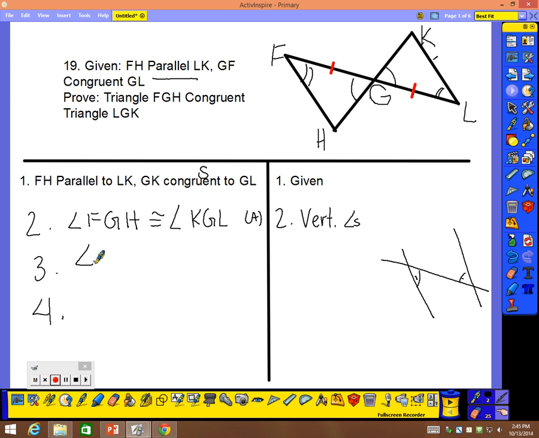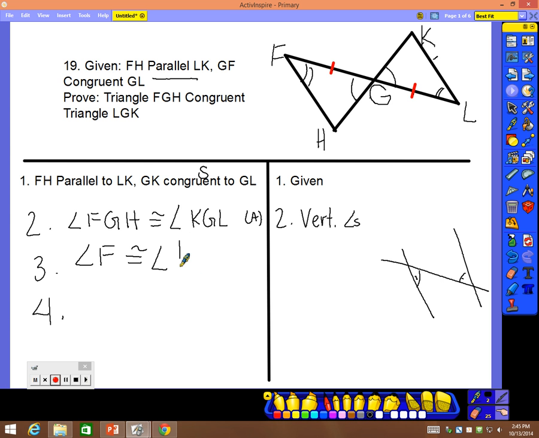So angle F congruent to angle L. Better erase that, make it look like an L. And my reason is alternate interior angles.